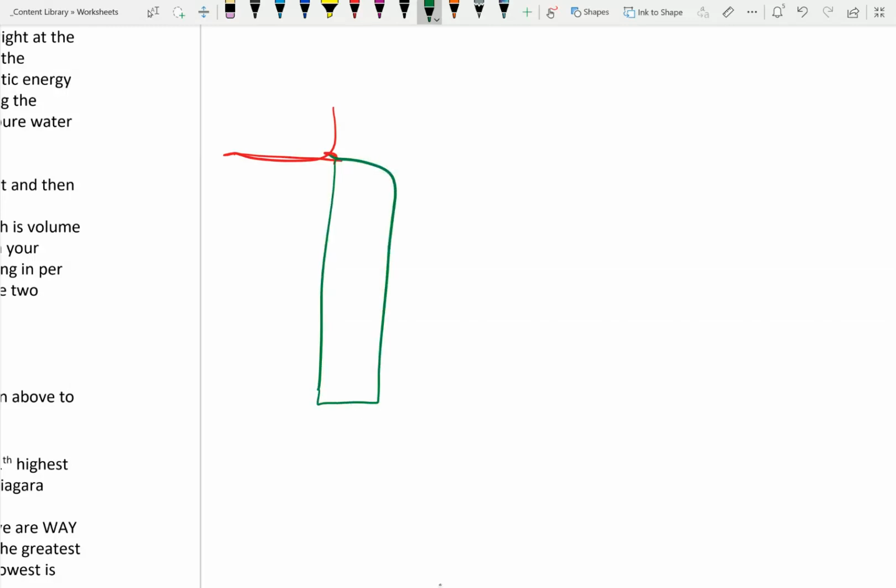The water comes down, goes through some turbines, and then comes out. And so there's our basic picture. We have a change in elevation. I'll just say the top height is my 53.6 meters. The bottom height is 0 meters. So I set my reference point at 0 at the bottom.